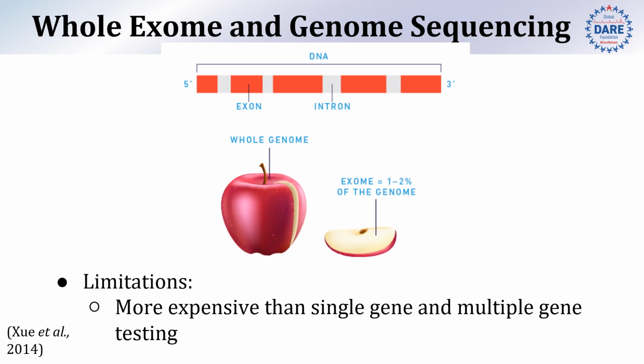Whole exome sequencing focuses on this smaller, more important portion, while whole genome sequencing looks at everything. So once again, these methods are especially useful when a diagnosis is unclear or more detailed genetic information is necessary. However, a key limitation is that both whole exome and whole genome sequencing are more expensive than single gene or multiple gene sequencing.